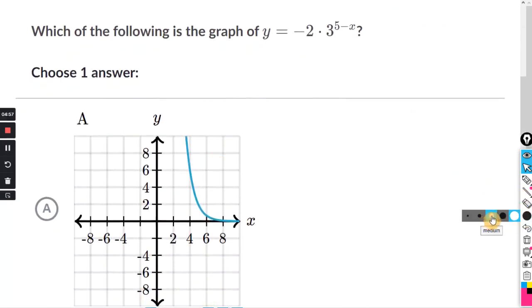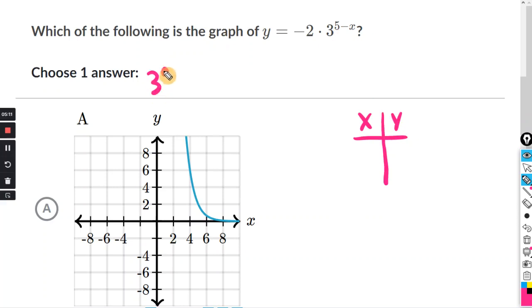Let's just get some simple points. We know that 3 to the 0 is just 1. So if x were 5, we would have 5 minus 5.